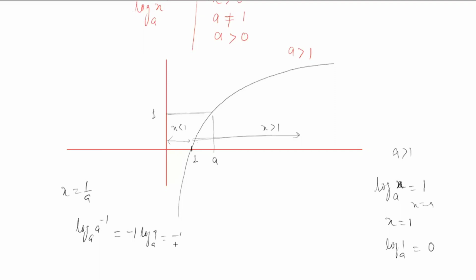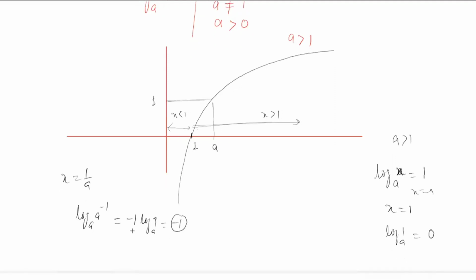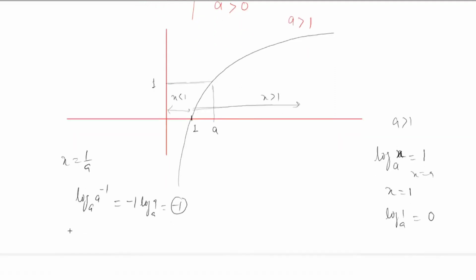Can you see this is a negative number? In the same manner, take x equal to 1 by a square. Again, this number will be less than one, and it is a to the power minus 2, so this will become minus 2. So whenever x is less than 1, this quantity will be negative, and it is what is showing here.